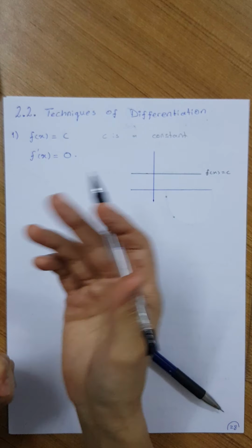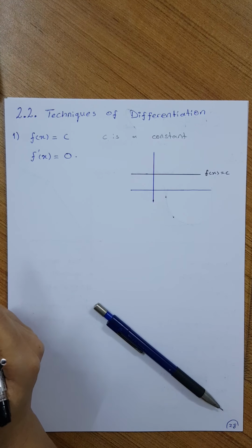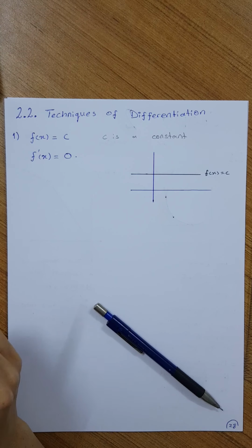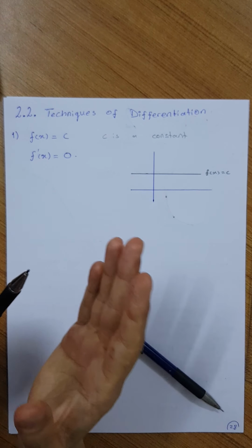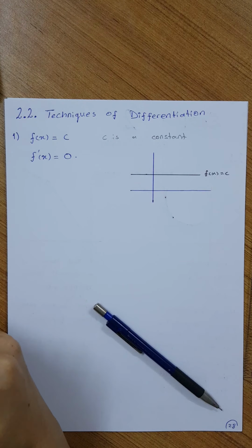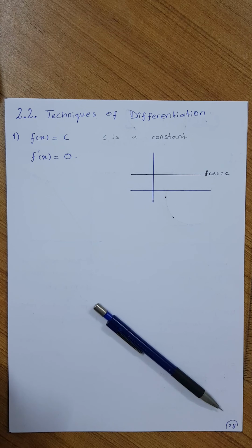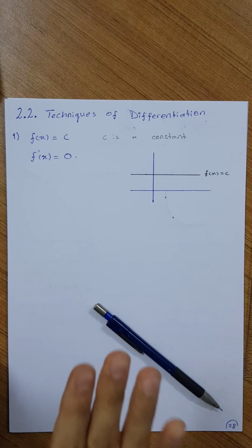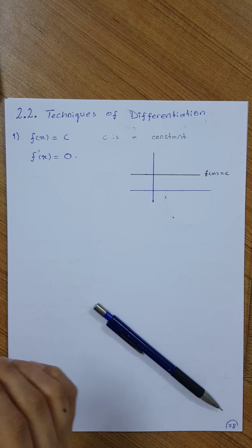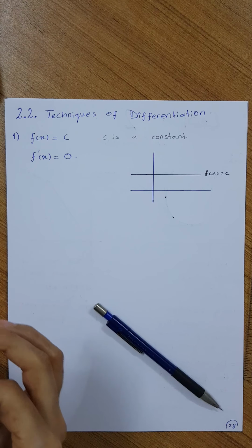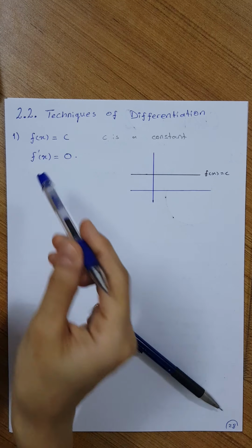That's of course a straight line. It's a linear function that we have studied in the first chapter. What is the slope of that function? Does it rise? No, it's not rising. Does it fall? No, it's not falling. Since it is neither rising nor falling, the slope is 0. The derivative of this one, or the slope of that function, is equal to 0.